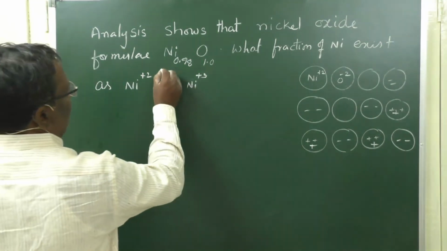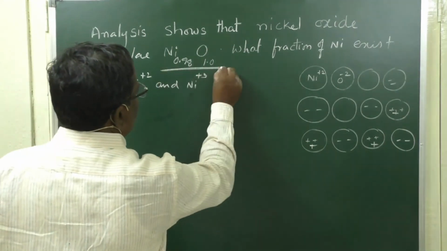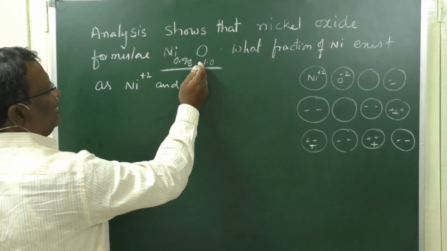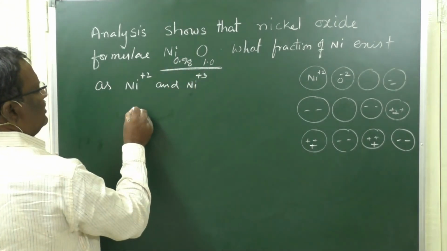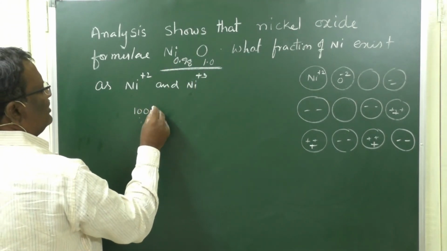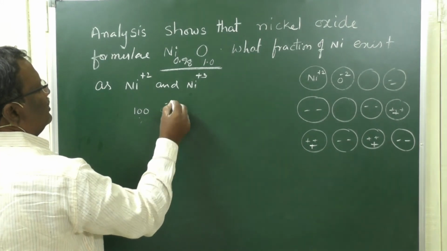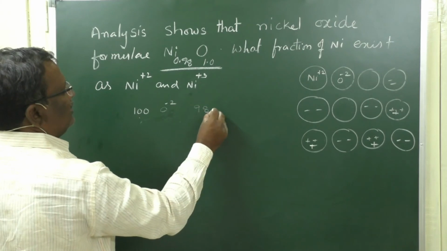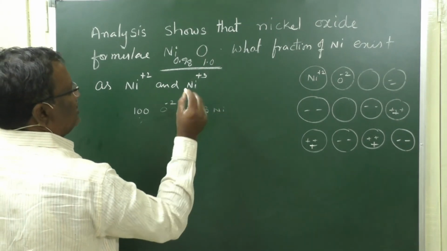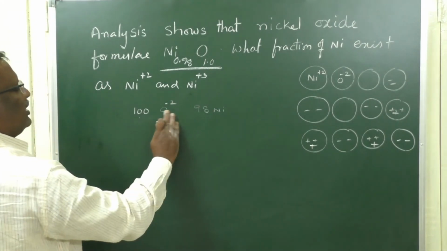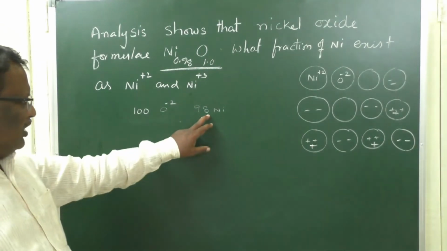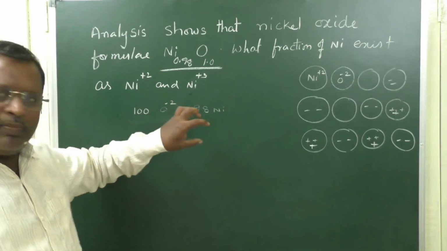From this formula, it is evident that for every 100 oxide ions, only 98 nickel ions are present, whether dipositive or tripositive. Irrespective of this number, the charges must be equal.